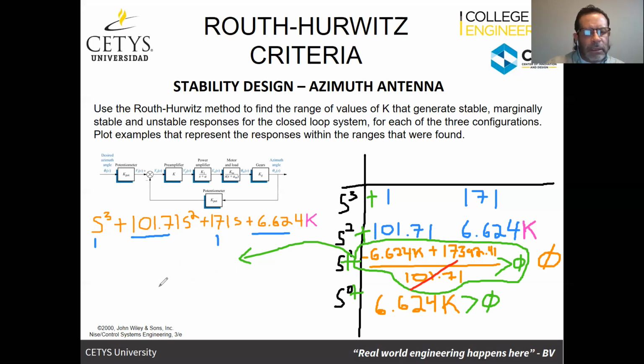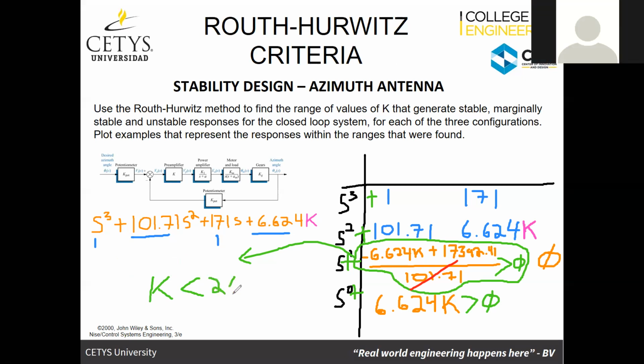So K should be less than, could you repeat the number again? 2625, give me two more decimals, point 66. Okay.